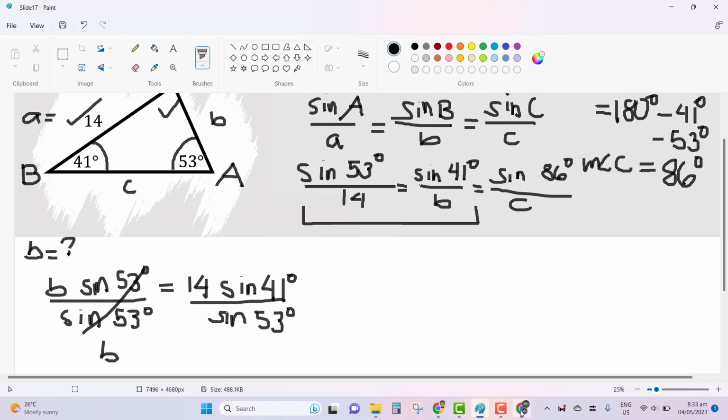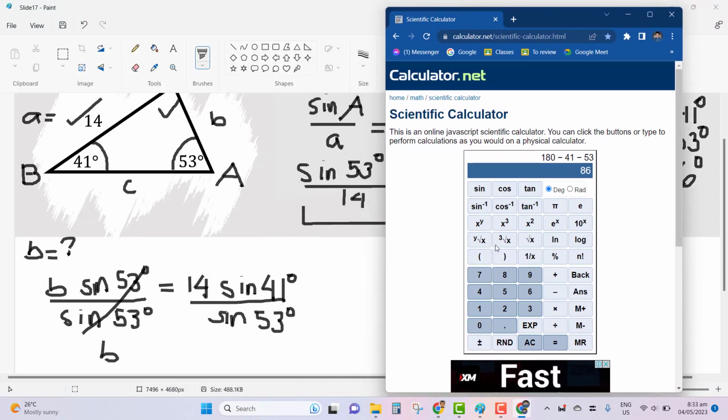Let us use the calculator that we used earlier. Let's input the numerator at once. So you have parentheses, 14, then sine 41. Close that and close. That's for your numerator. Divide by sine 53. We are doing this so that we could be assured of proper operations here. Push the equal sign and you will have 11.50064, and so on.